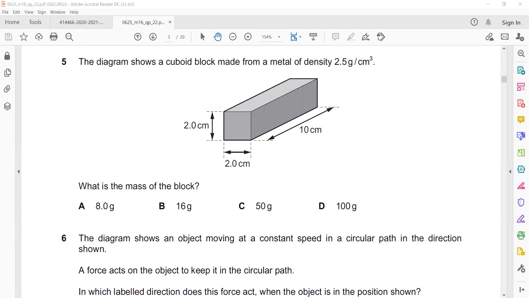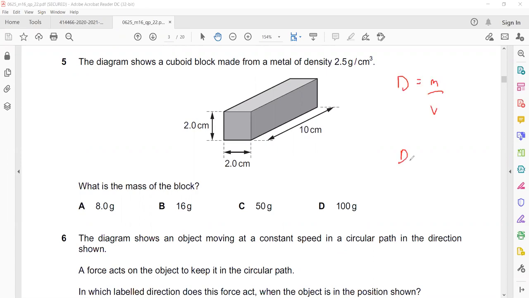Question 5. So for question 5, density is mass over volume.